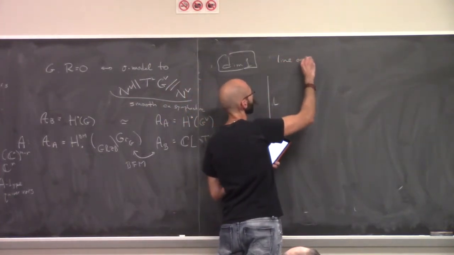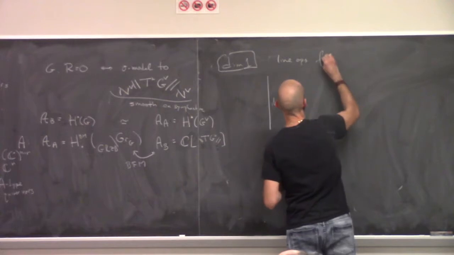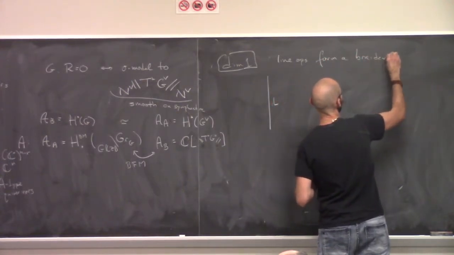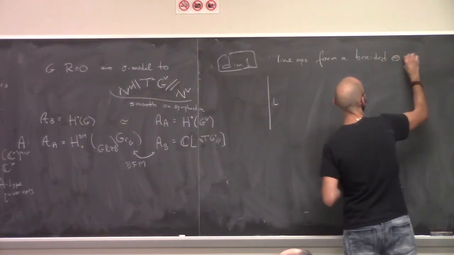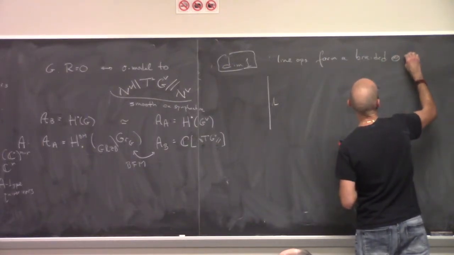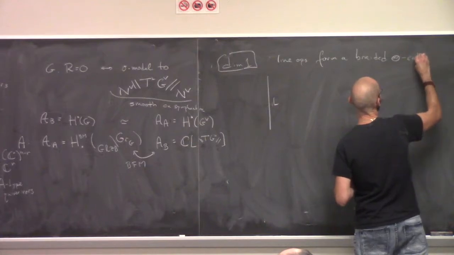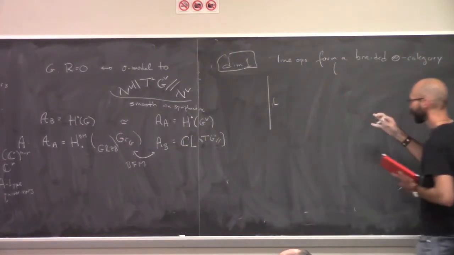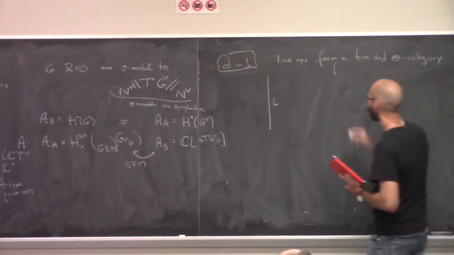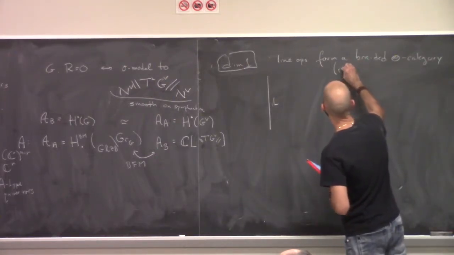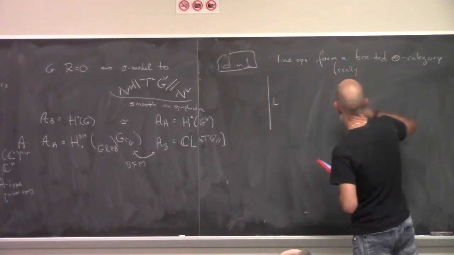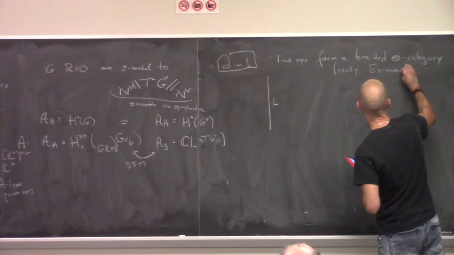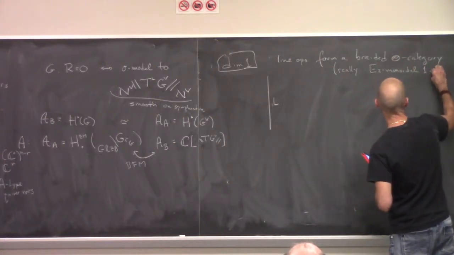So line operators form a braided monoidal 1-category. Or more precisely, because we're in this homological TQFT setup, slightly better is an E2 monoidal 1-category.